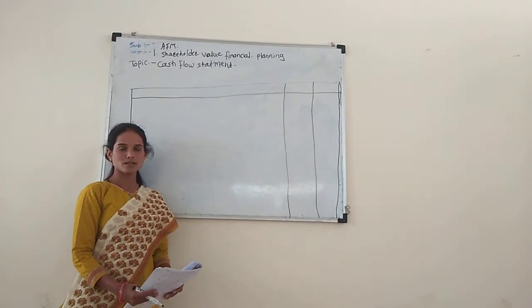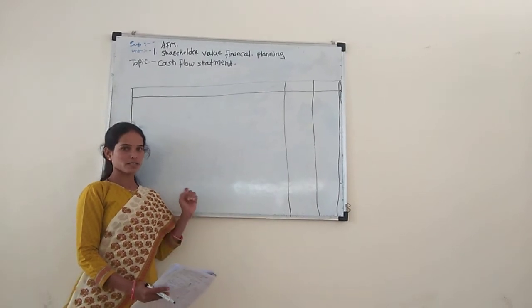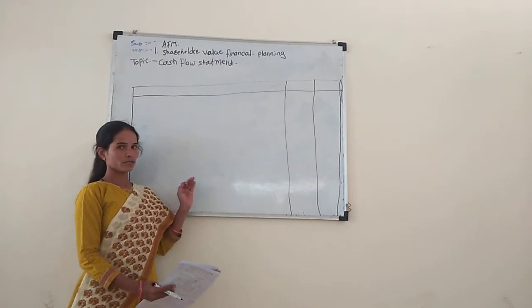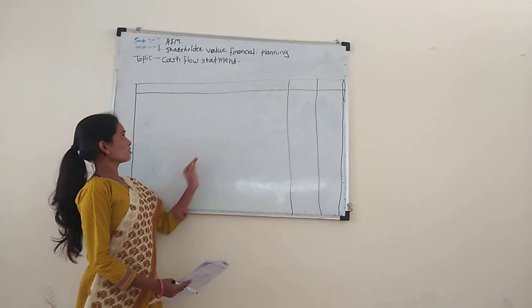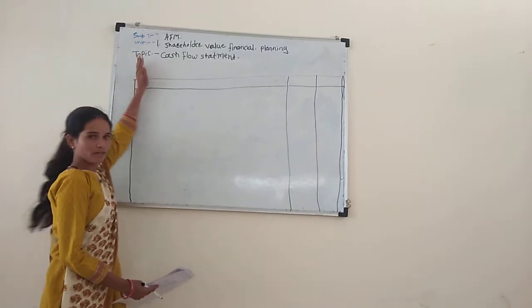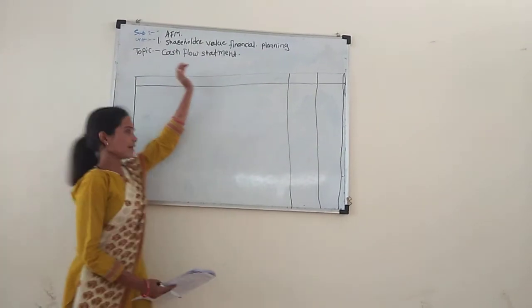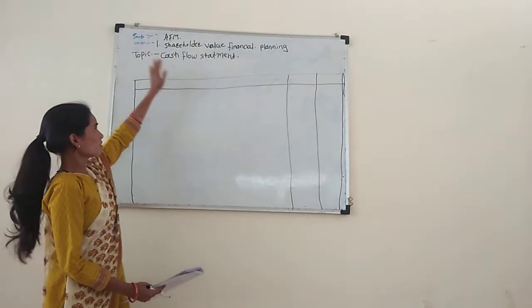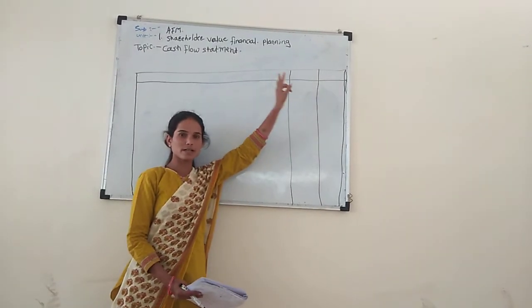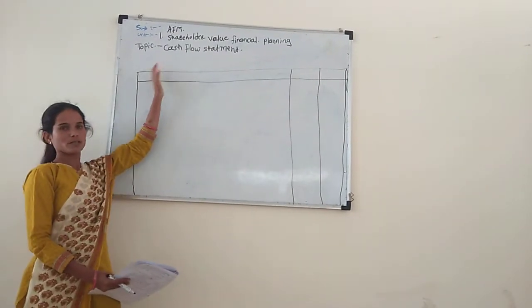Government class Ahmednagar. In the last lecture we discussed the problem, and today's lecture discusses the solutions. The subject is Advanced Financial Management, Unit One: Shareholder Value and Financial Planning. The topic is the cash flow statement.